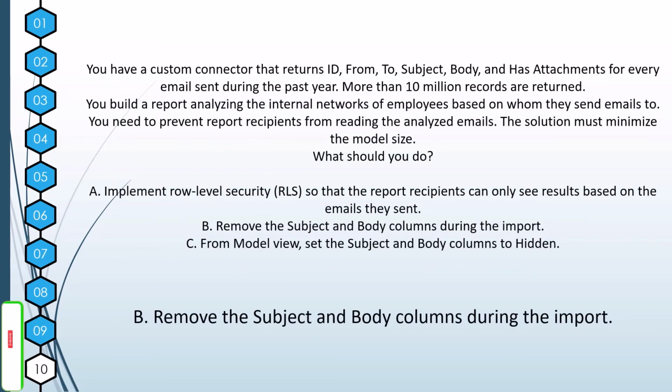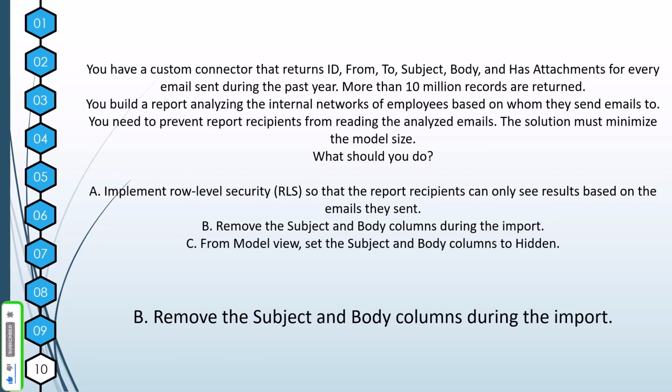You have a custom connector that returns ID, From, To, Subject, Body, and HasAttachments for every email sent during the past year. More than 10 million records are returned. You build a report analyzing the internal networks of employees based on whom they send emails to. You need to prevent report recipients from reading the analyzed emails.